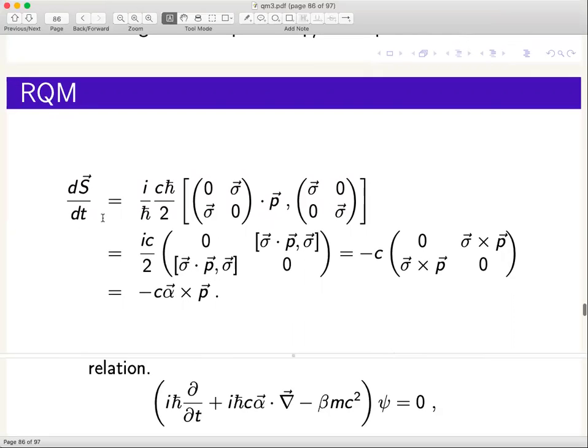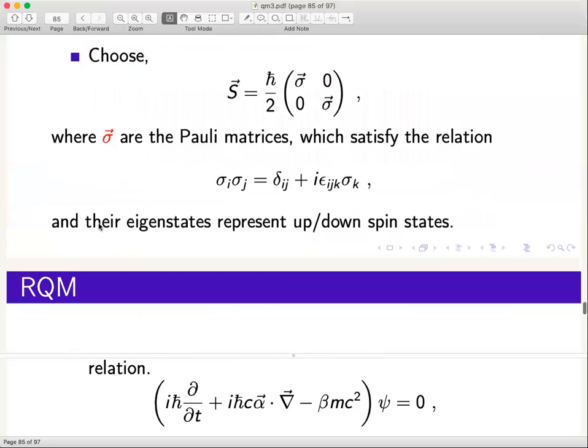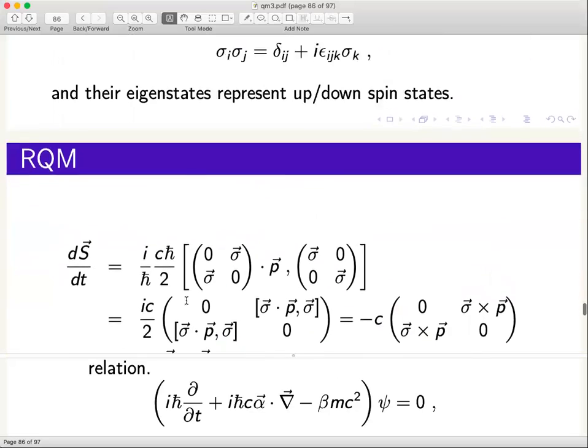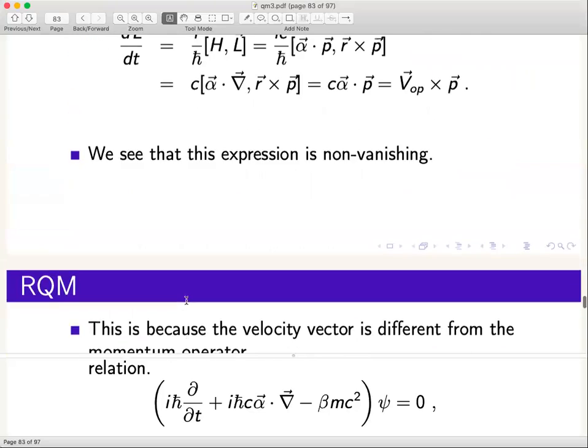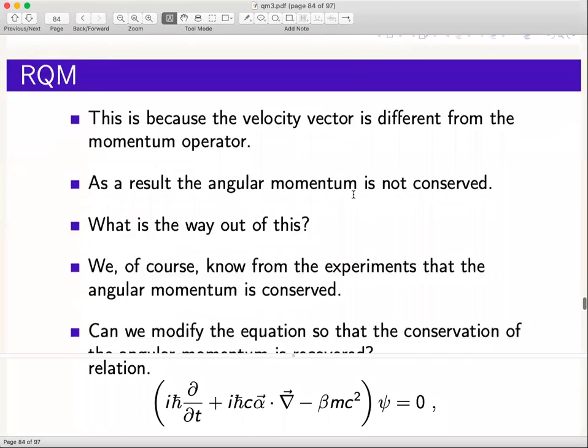So spin is also not conserved. But notice that exactly c times α cross p is a factor that you get here, modulo my typo here, but with a plus sign. So this is a plus sign and this is a minus sign.